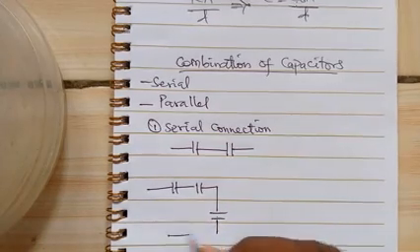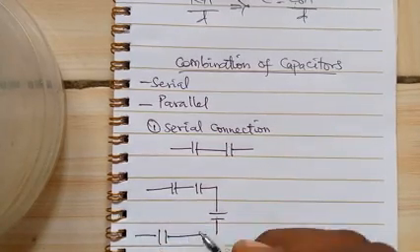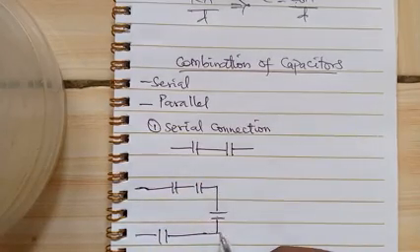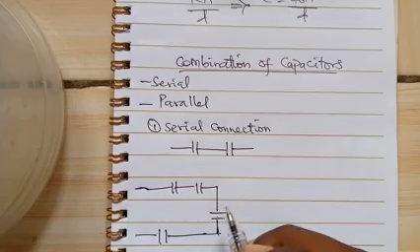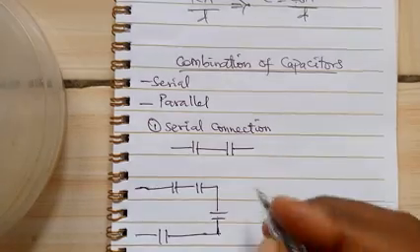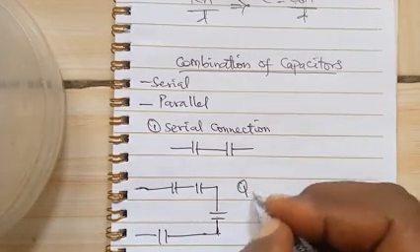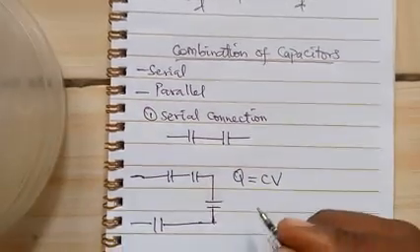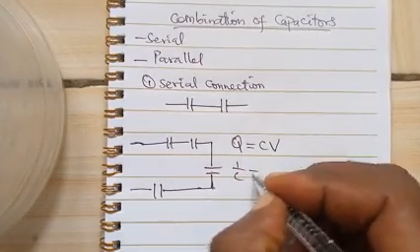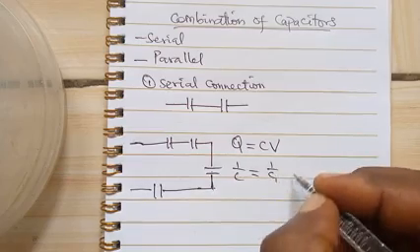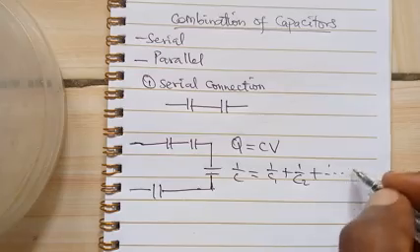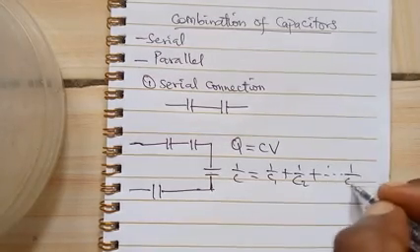When the same charge is flowing through them, they are said to be connected in series. And when they are in series, remember that Q is equal to CV. So the effective capacitance, 1 over C, is given by 1 over C1 plus 1 over C2 plus, we can say, to however many capacitors that we have.